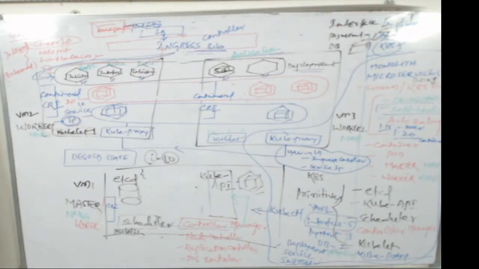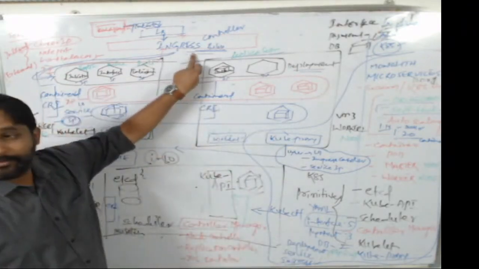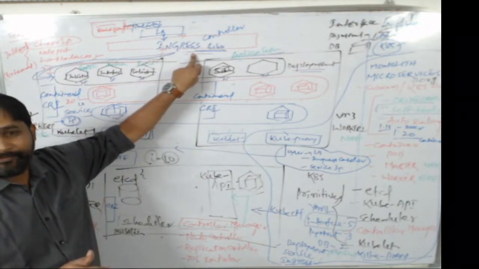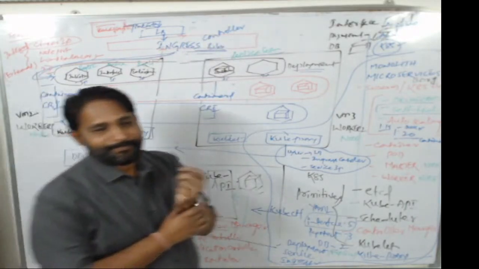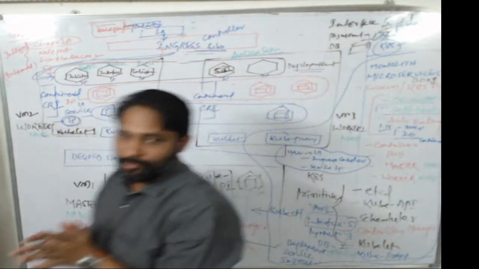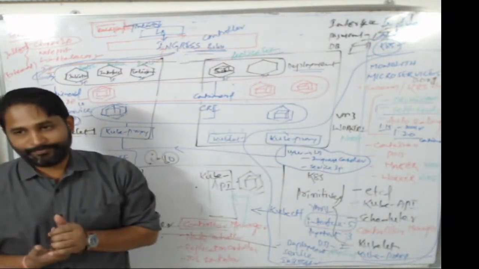What should happen is defined in the ingress rule. The controller implements that definition. So you always have two things in ingress. One is the ingress rule, which says allow a person if he is a student. That's the rule. The implementer of the rule is the controller. So the controller keeps monitoring the rules always and decides whether a request should be allowed inside or not.